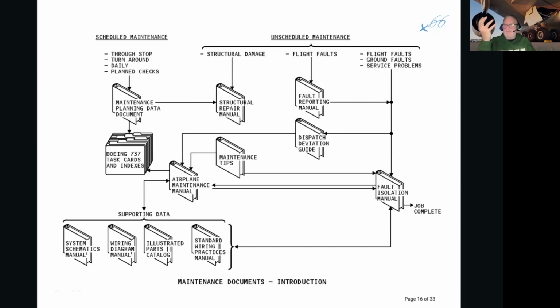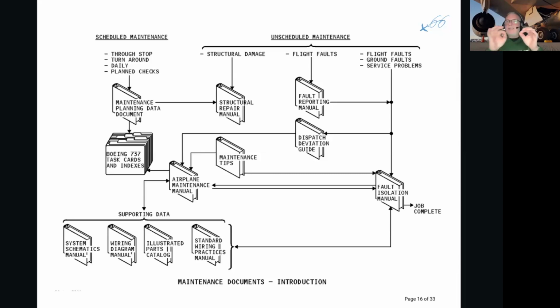And now imagine trying to explain that, or even worse, trying to write that in the tech log. Yeah, it's ridiculous because, first of all, the guy who's going to see it is going to say, what the hell's going on here? Has this guy been drinking or what? Whereas the fault reporting manual has texts which are manufactured from Boeing, which you have to understand, Boeing has seen every fault possible on this aircraft.